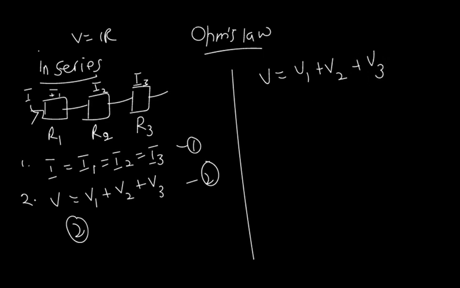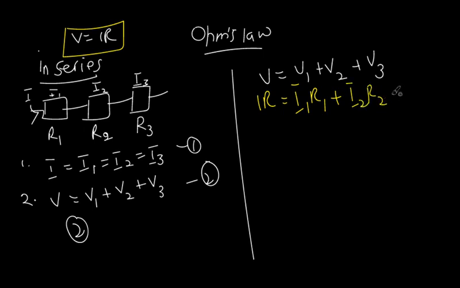And we know from Ohm's law that V is equal to IR. So we have IR is equal to I1 R1 plus I2 R2 plus I3 R3.